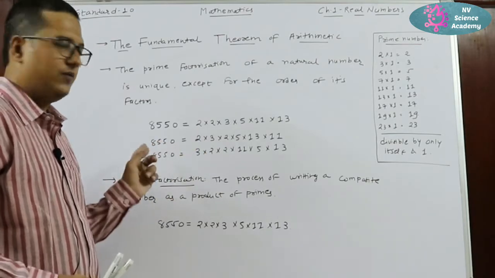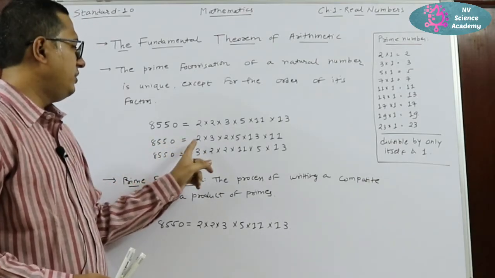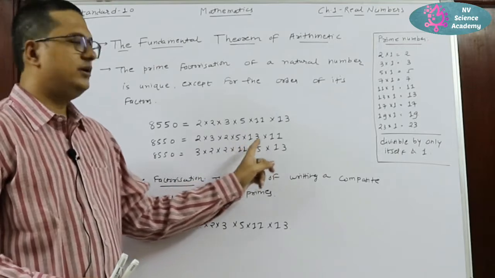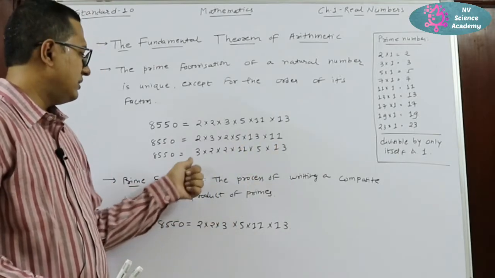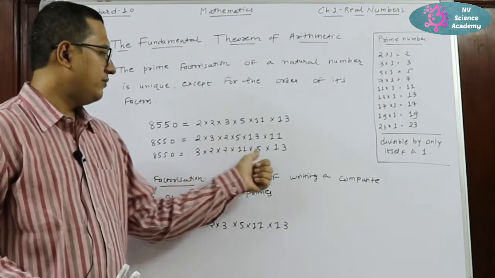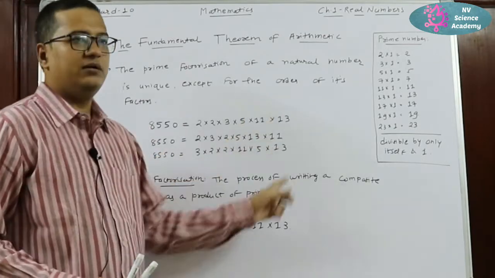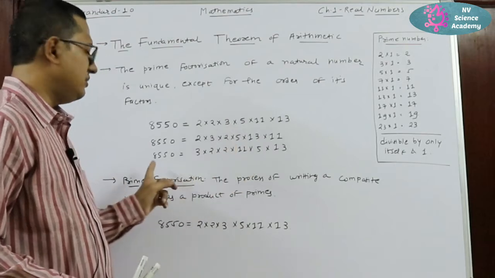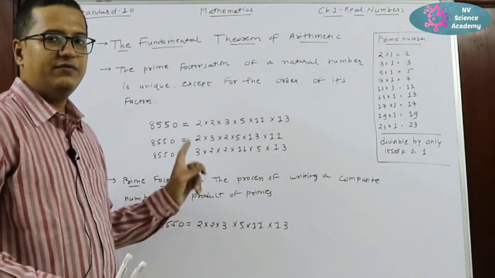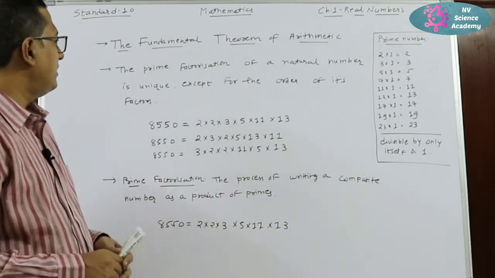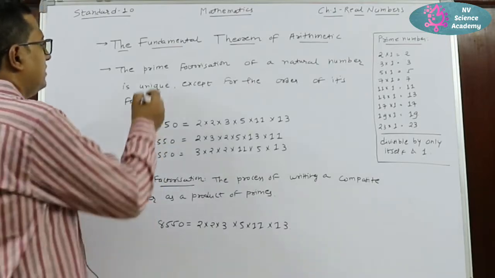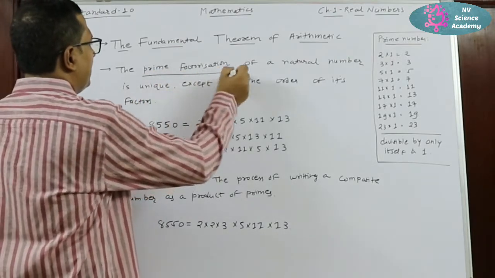Like I can also write 8550 as 2 into 3 into 2 into 5 into 13 into 11, or I can write it as 3 into 2 into 2 into 11 into 5 into 13. But the original idea remains the same. The value will not change. It is always 8550.